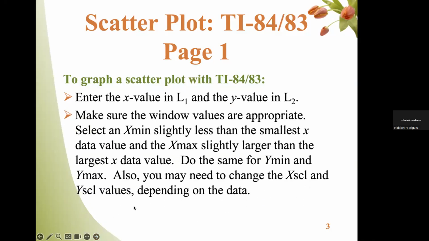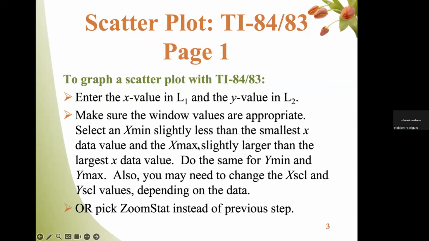We have to make sure the window that we have is appropriate. When we want to graph anything with our calculator, we have to have an appropriate window for graphing. So we need X minimum, X maximum, Y minimum and Y maximum. To have our X minimum, we're going to go slightly less than the minimum X value that we see.